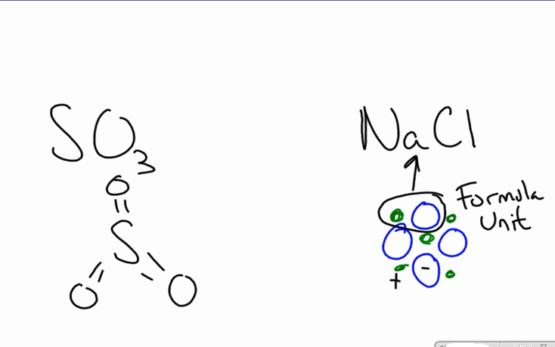And it's not as though those oxygens are bound to other sulfurs. They are on their own and satisfied with the bonds that they have with that sulfur atom. There is no formula unit for a covalent compound. There is for an ionic compound.